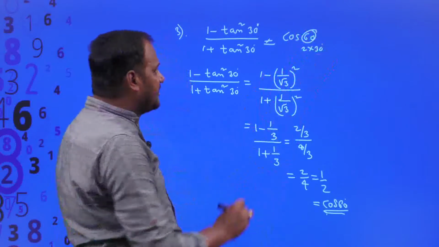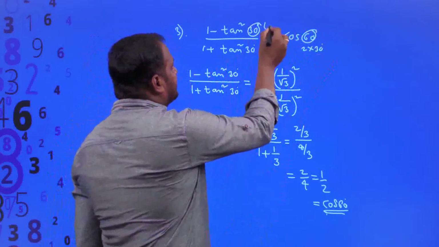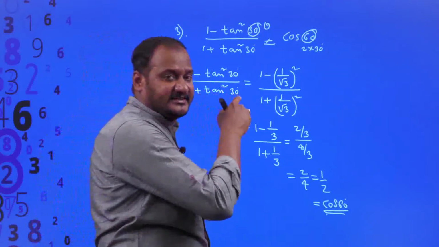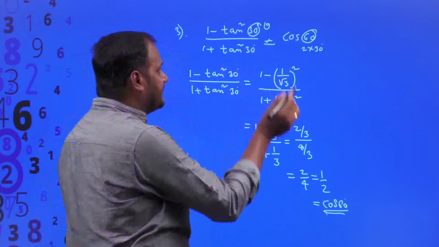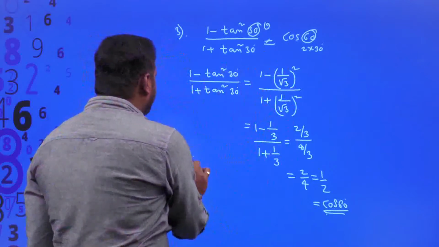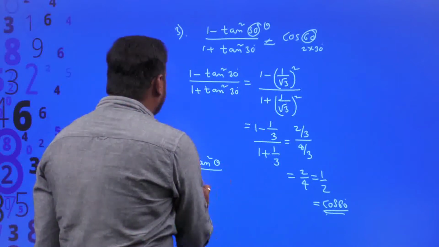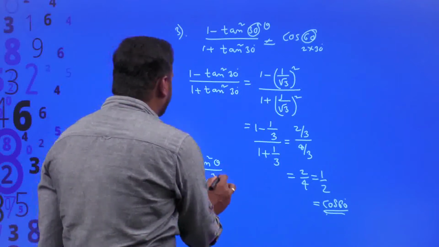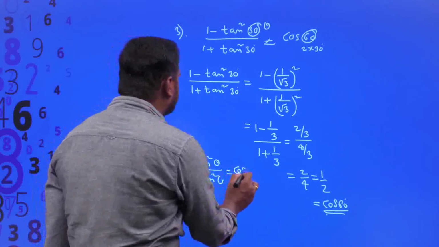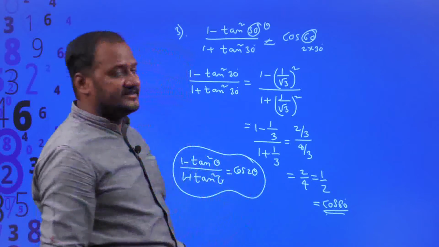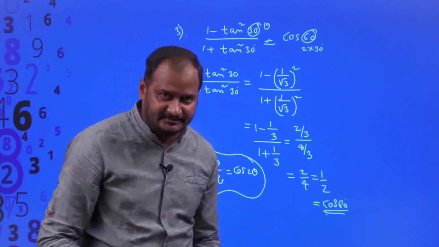So if you consider this 30 degrees to be theta, then we can identify one relation between them: 1 minus tan square theta divided by 1 plus tan square theta is equal to cos 2 theta. So this is one relationship involving tan. Hope you understand. Thank you.